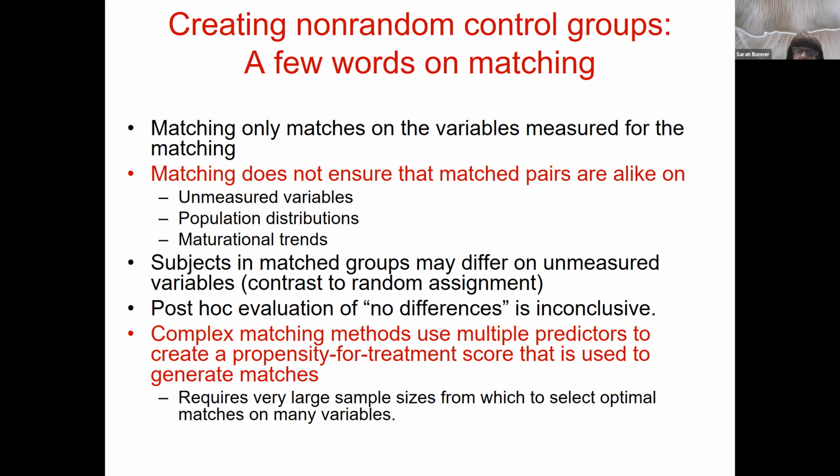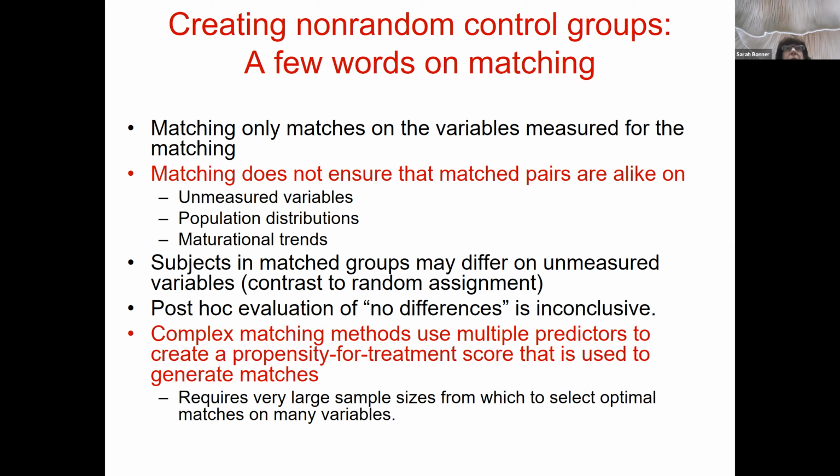I've done some studies using propensity score matching, but it also requires very large sample sizes, access to a lot of data, and it's statistically somewhat sophisticated. It's more sophisticated than you can achieve with two semesters of statistics.